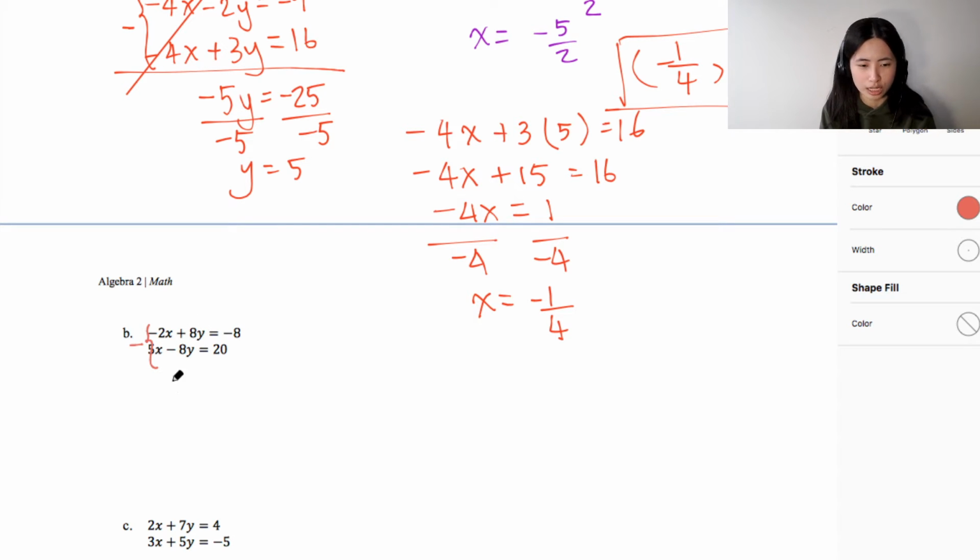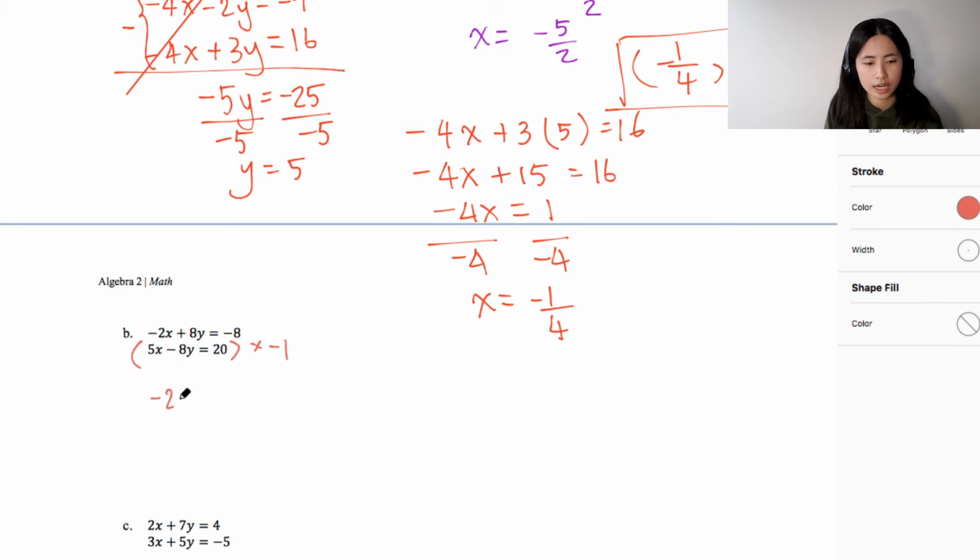So if you subtract the two equations, that would turn it into positive 8 as opposed to negative 8, because you do have the negative sign in front of 8. So in that case, we can just add the two equations, or you can just multiply this by negative 1 so you can get rid of that negative sign. Then when you subtract the two, it's canceled out, right? So maybe we can just multiply this by negative 1.